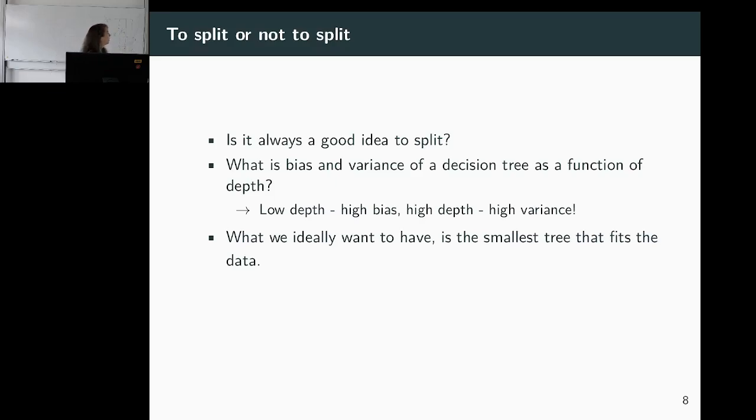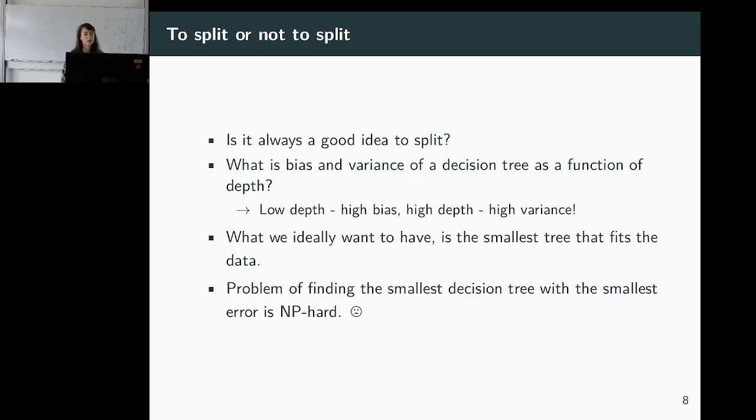The problem is, of course, that finding the smallest decision tree is NP-hard, and NP-hard is really hard. So we can probably forget it, at least at this point. But it's no problem, because we will get to approximations at some point.